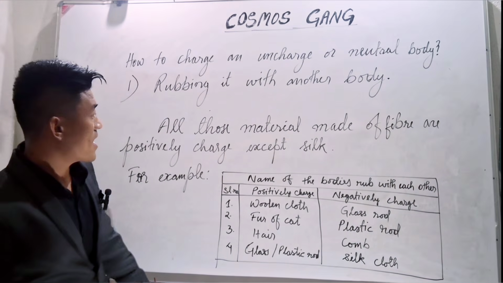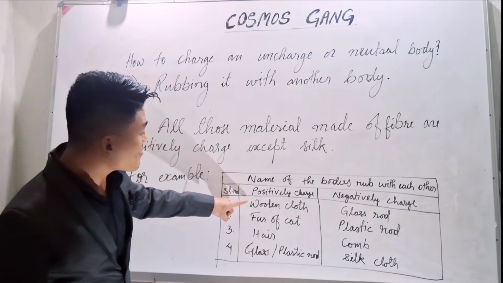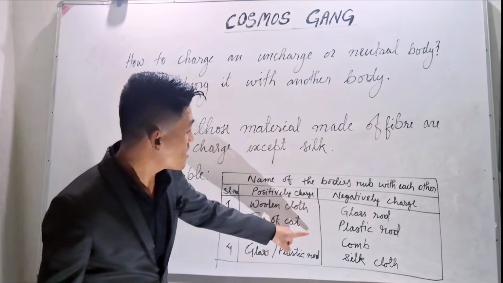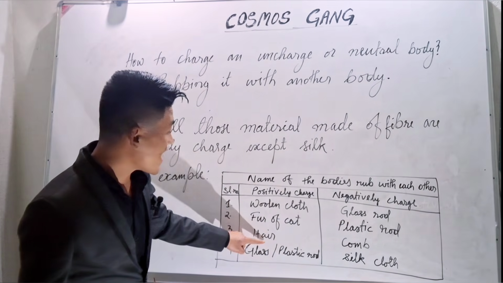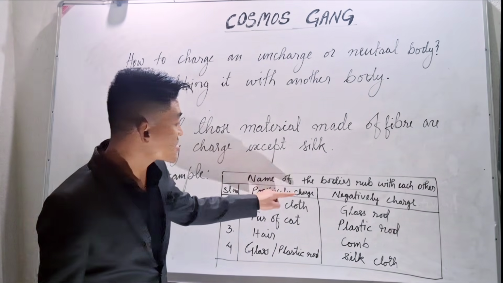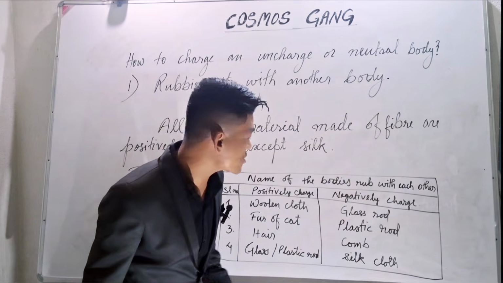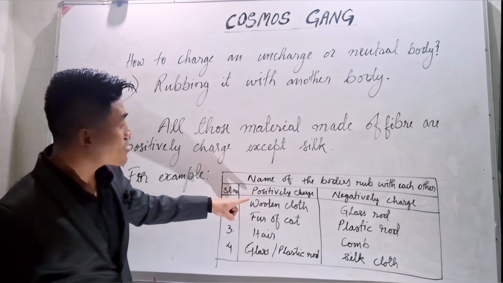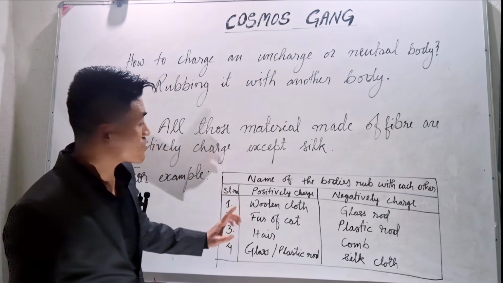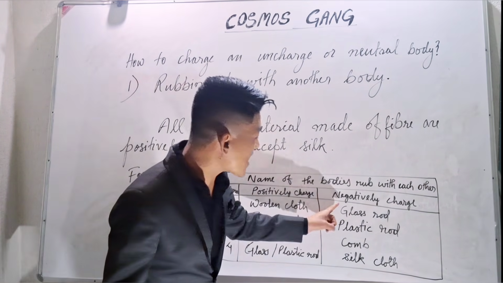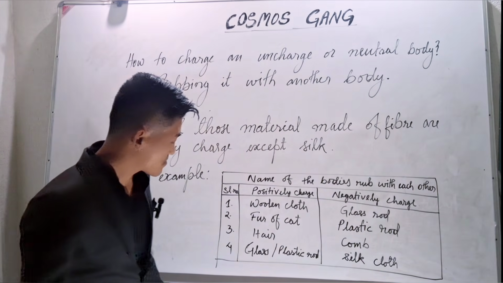As you see from the table, all the materials made of fibers such as woolen cloth, fur of a cat, hair are always positively charged, and the other materials are going to be negatively charged, which means our materials made of fiber are losing electrons while rubbing, whereas the other materials gain electrons while rubbing.